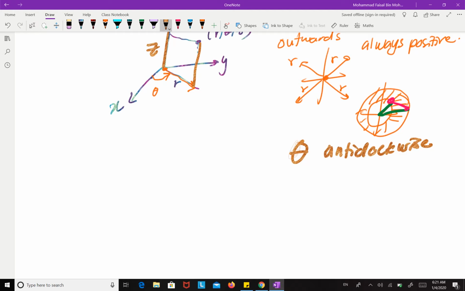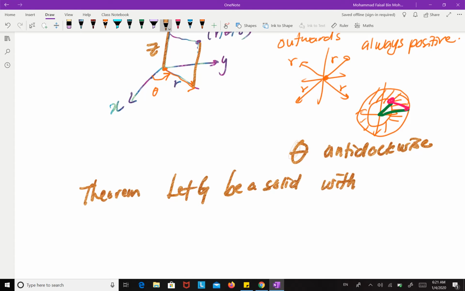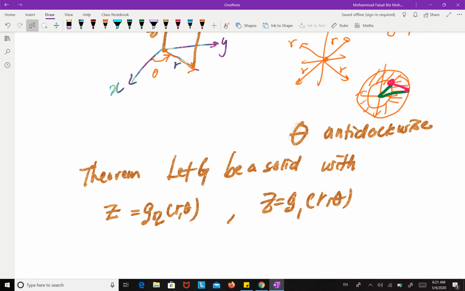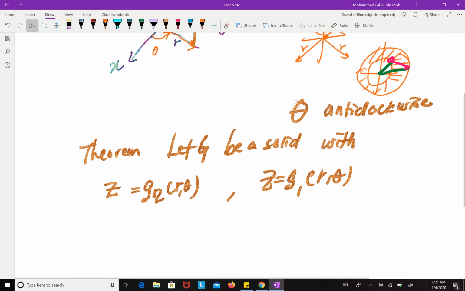Theorem: Let G be a solid with upper surface z equals G2 of r, theta, and lower surface G1, also a function of r, theta. Let R be the projection of the solid on the xy plane.